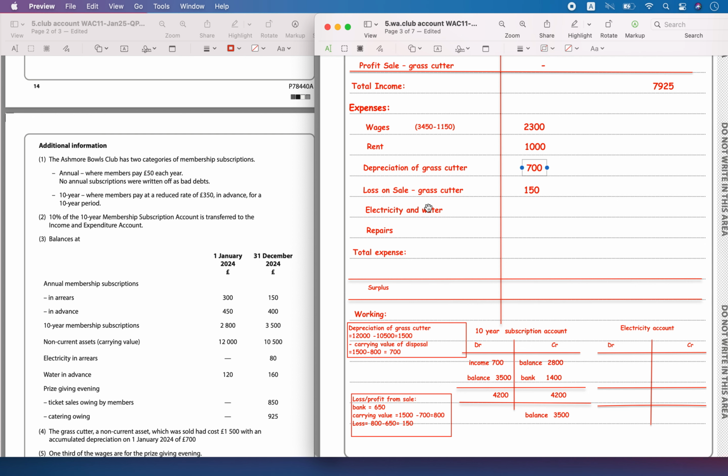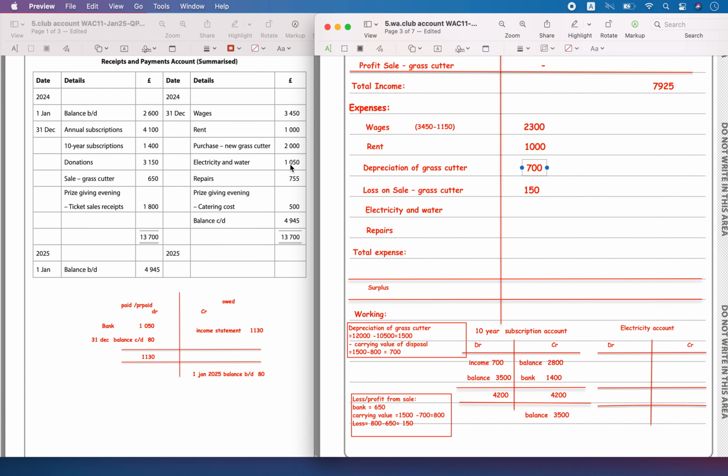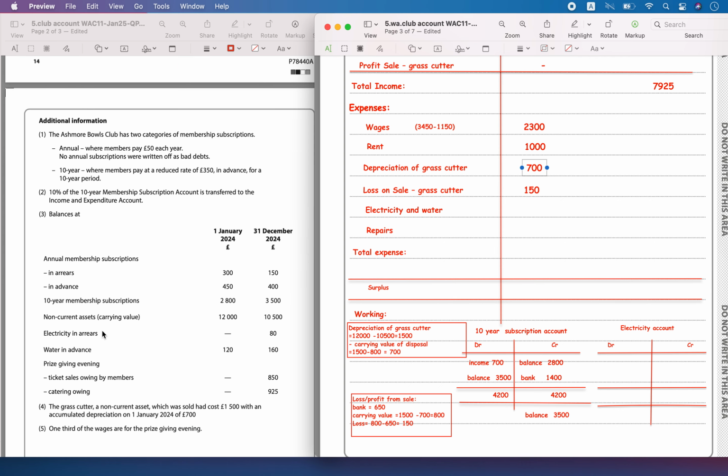Now let's calculate the electricity and water together. Okay, electricity and the water, the business had paid 1050. Okay, it's an expense account. Then it had arrears and water balances. So let's prepare the account.